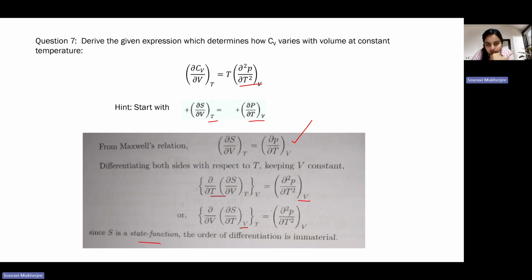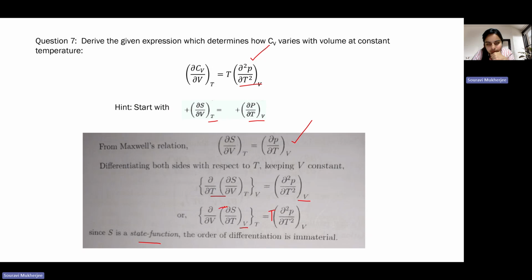Because now if you just multiply on both sides by T, what will you get? This is your T into del square P del T square at constant volume, which is your right hand side. And the left hand side, what does it become?